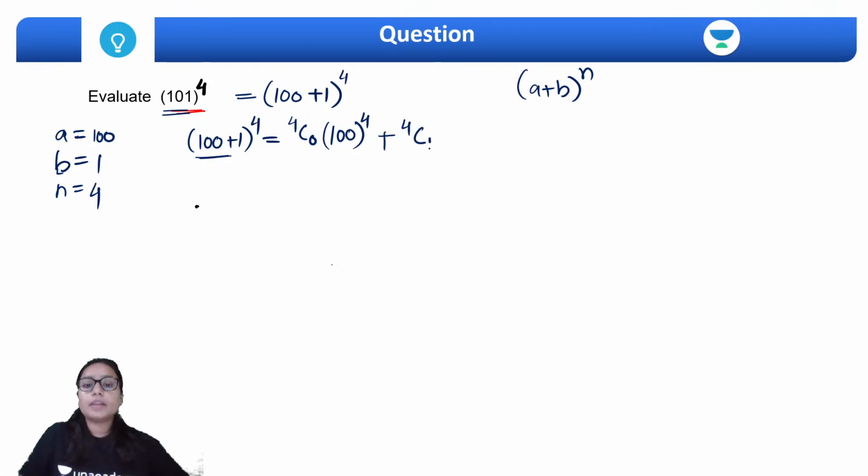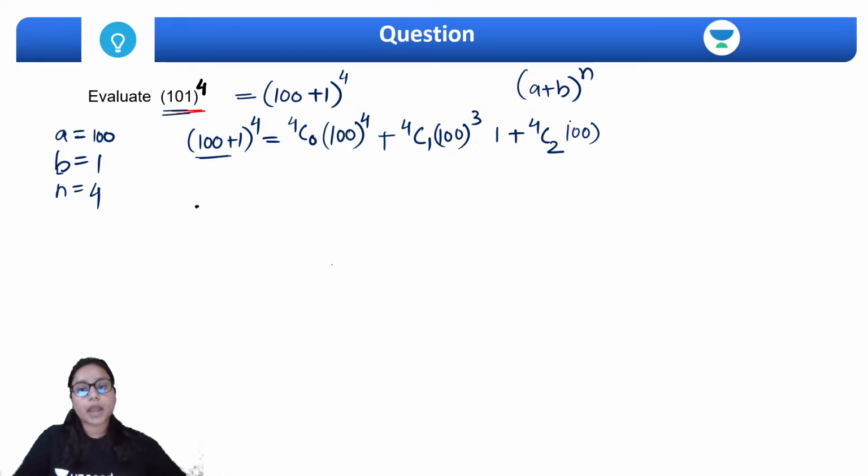Then the next term will be 4C1 into 100 raised to the power of 3. The power of 100 is reduced by 1, and the power of 1 will be increased. Plus 4C2, which means 100 raised to the power of 2, and this is 1 squared. Then the next term will be 4C3, 100 raised to the power of 1, and this will be 1 cube.